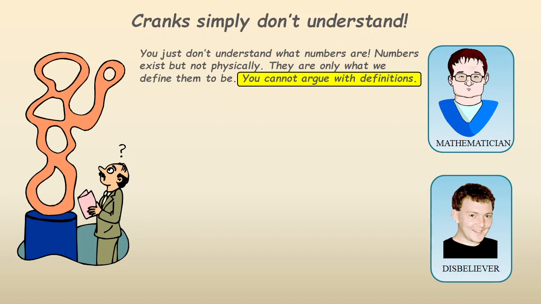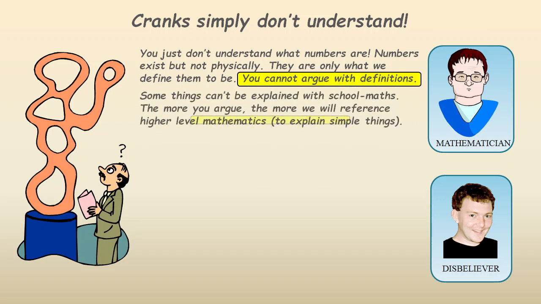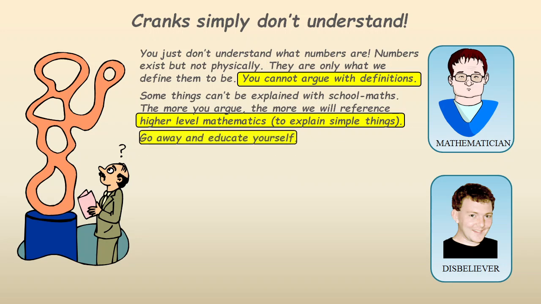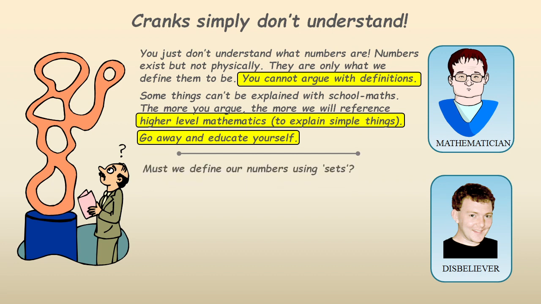And apparently we never properly understand the meaning of supposedly simple statements like 1 + 1 = 2 without first understanding higher level mathematics such as ZFC set theory. And if you don't come armed with a contradiction in ZFC, then you'll be told to go away and educate yourself. But mathematics has been around long before the invention of ZFC set theory, and so how can that be so fundamental?